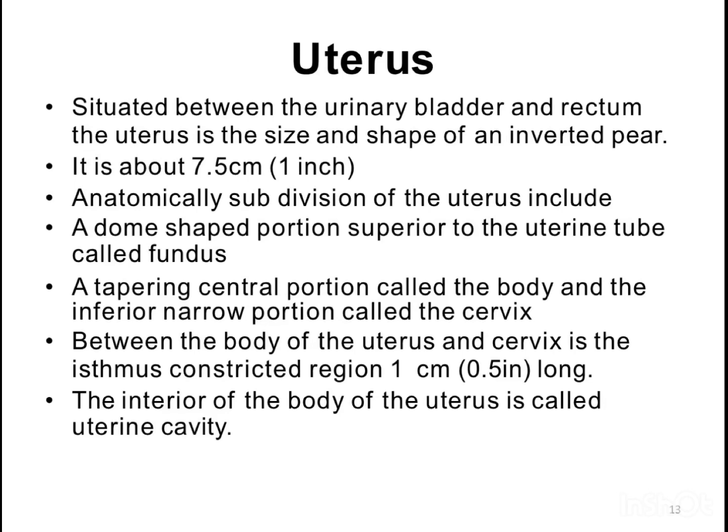It is the size and shape of an inverted pear, about 7.5 centimeters, 3 inches, long. Anatomically, subdivisions of the uterus include a dome-shaped portion superior to the uterine tubes called the fundus, a tapering central portion called the body, and the inferior narrow portion called the cervix. Between the body of the uterus and the cervix is the isthmus, a constricted region 1 centimeter, half an inch, long. The interior of the body of the uterus is called the uterine cavity.